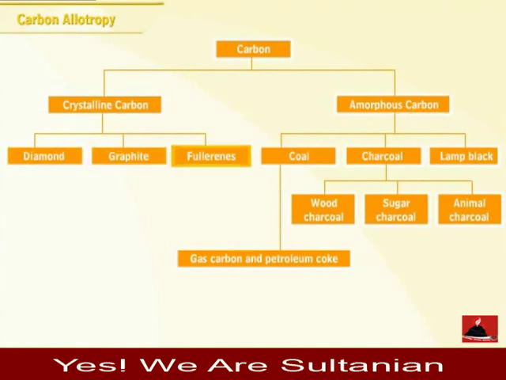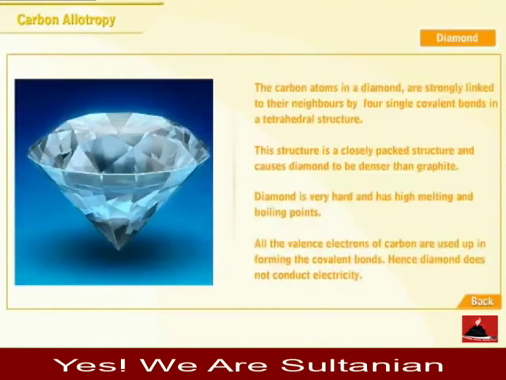Diamond, graphite, and fullerenes are crystalline allotropes of carbon. They differ considerably in their properties. Diamond.